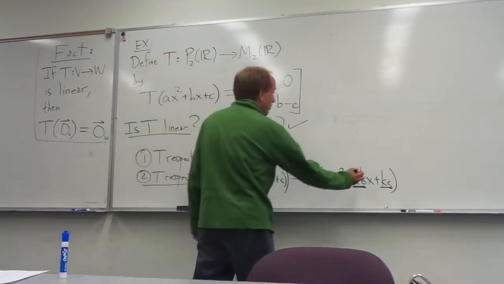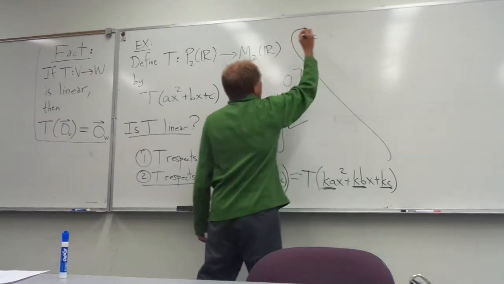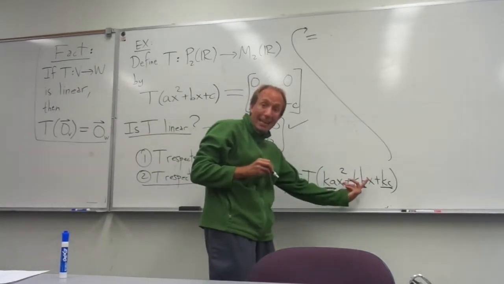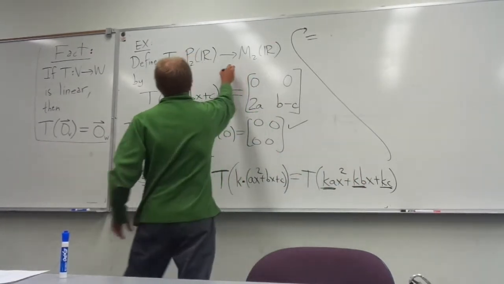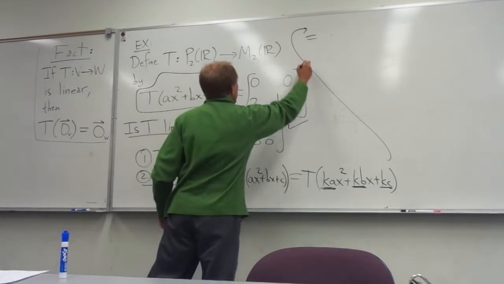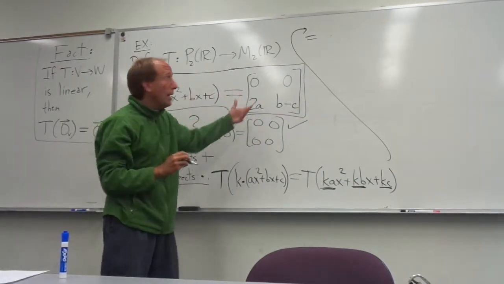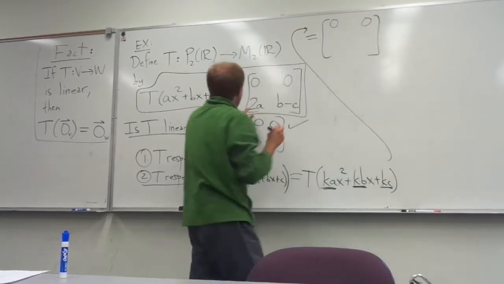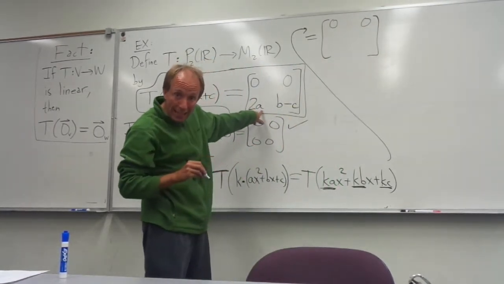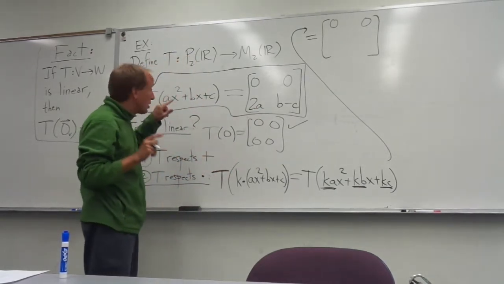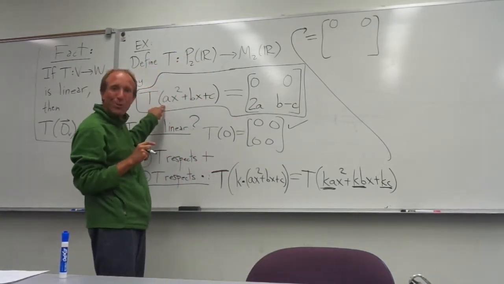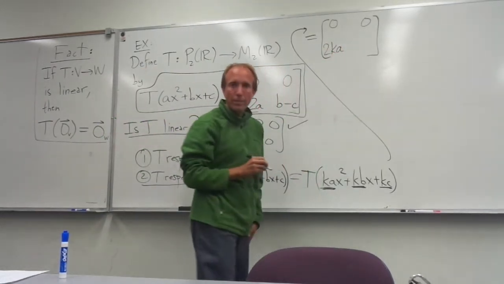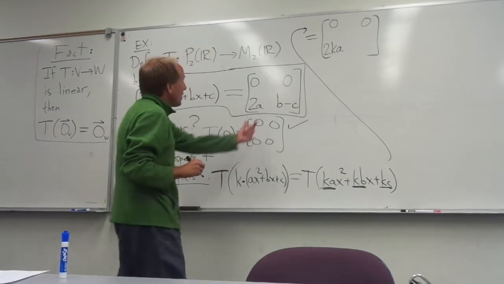So I've run out of room. Let me come up here to continue. What is T of this guy? Well, here's my formula. Let me just put a box around this. So I need to output 0 here and 0 here. This says 2 times A. But what we really mean is 2 times whatever is in front of x squared. So in this case, that would be 2ka. And what about the lower right corner?